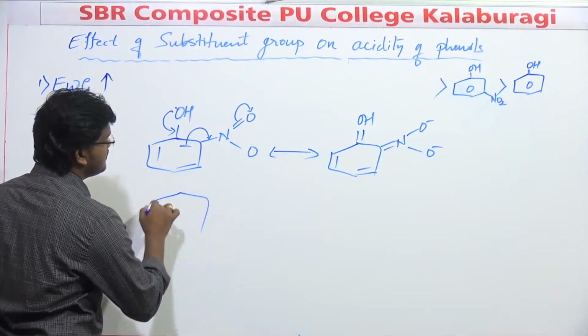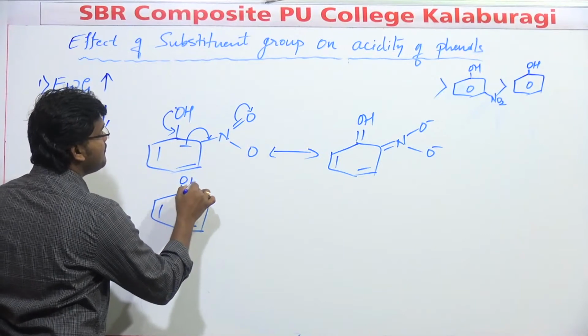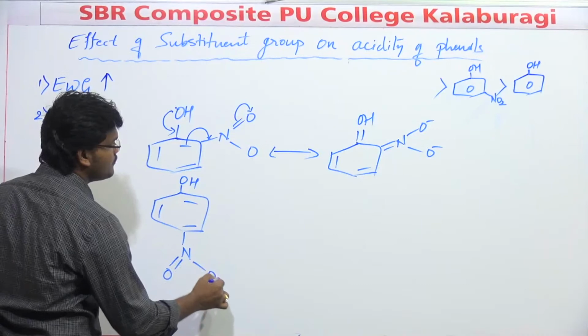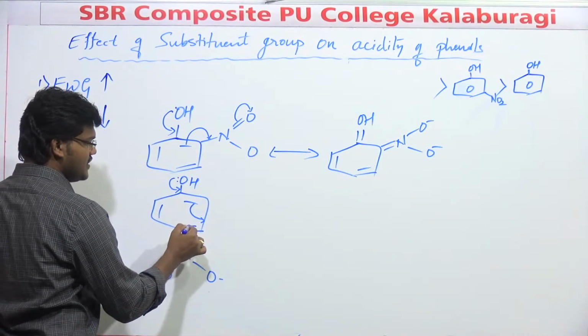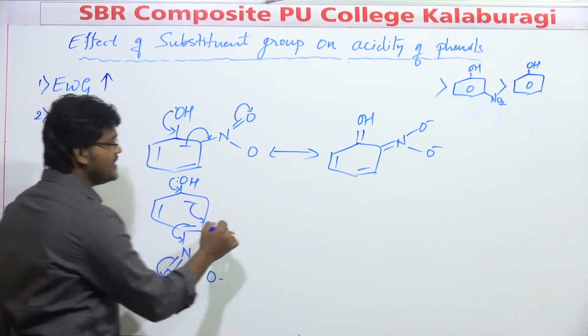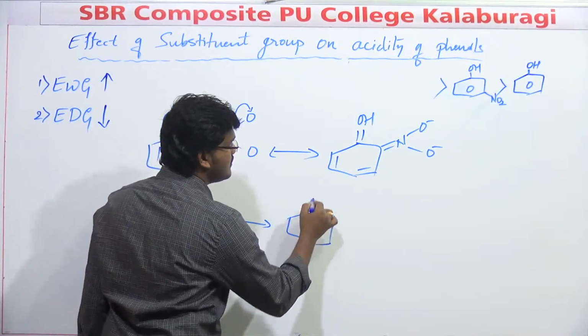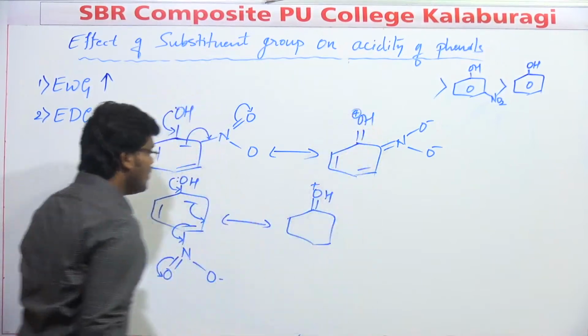Similarly, if there is a paranitrophenol, again this will come over here, these electrons will come over here, and this will come here. So again, this is going to give a compound like this: OH, plus positive charge on oxygen.